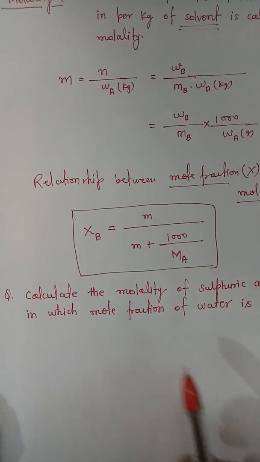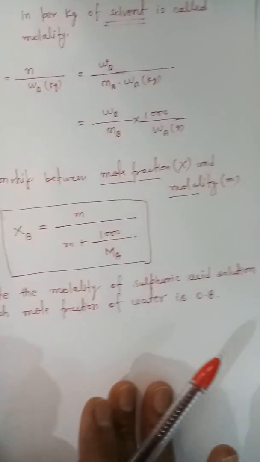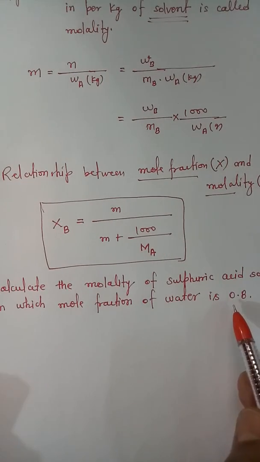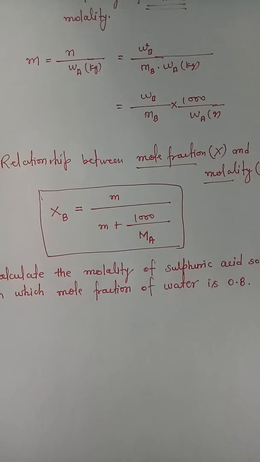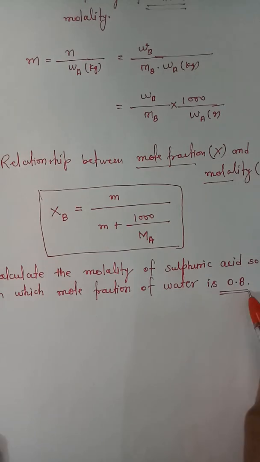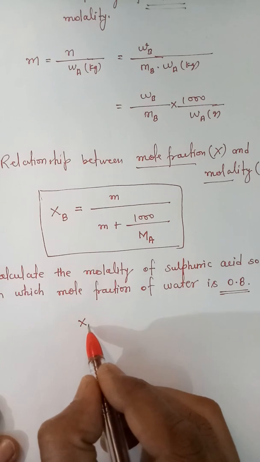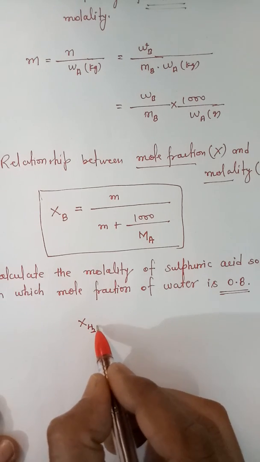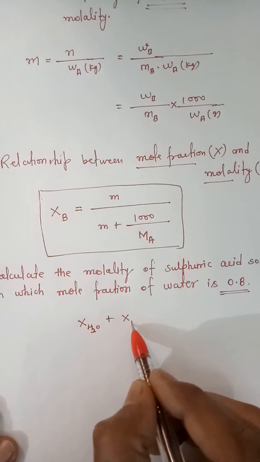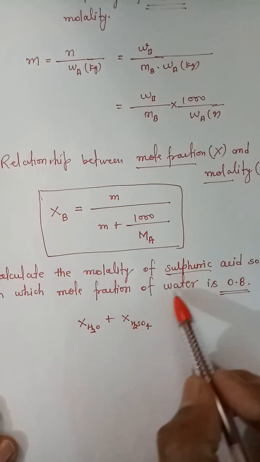Now I'm taking a numerical on that. Numerical is: calculate the molality of sulfuric acid solution in which the mole fraction of water is 0.8. So in this question we have the mole fraction of solvent, not solute. Two components are there, sulfuric acid and water.